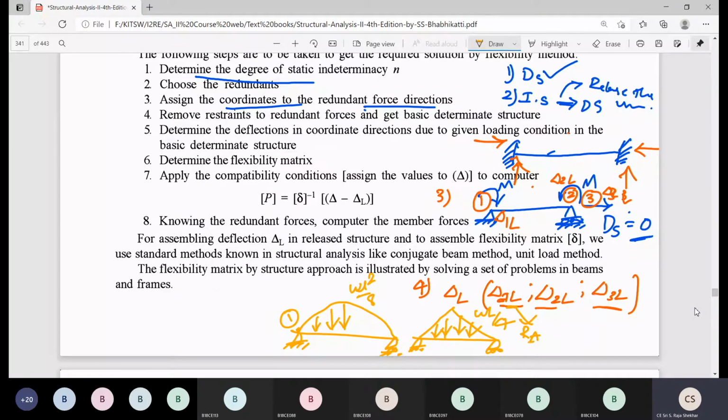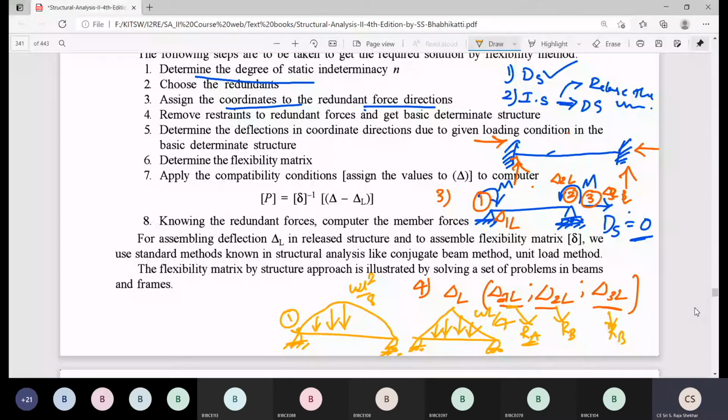Then delta 2L will be the reaction at B. Delta 3L depends upon the coordinate direction; by considering the coordinate direction, it will be the reaction at B or the reaction at A. So these are the deformations due to loadings that we calculate from the conjugate beam concept. So this is the fourth step.